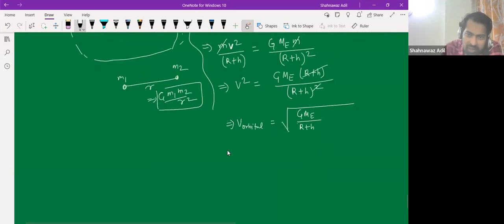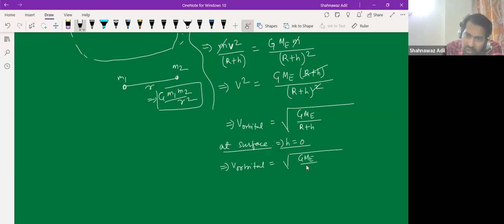And if we are at the surface, so at the surface some satellite is orbiting, which is not the case, but what would be the orbital velocity? At the surface h is 0, so orbital velocity would be root of G M E by r.